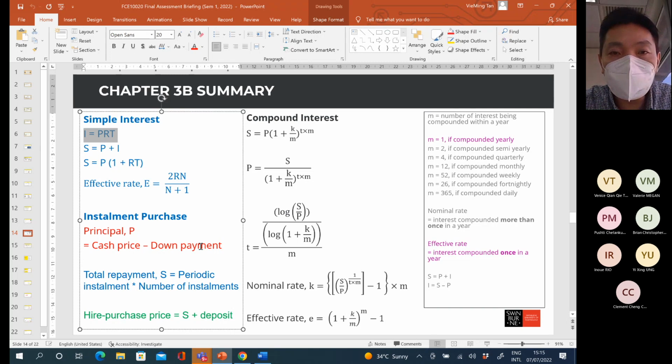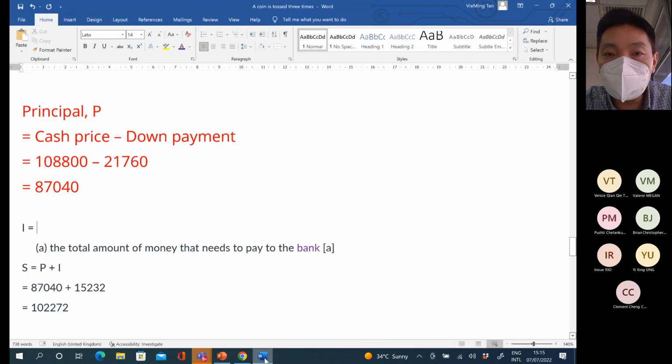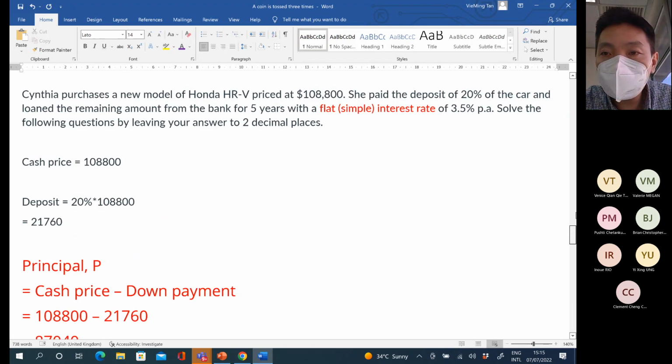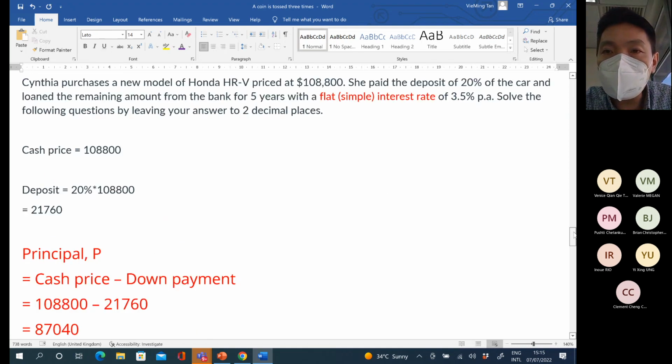So we use the formula from this column. The question is using a 3.5% flat rate. Simple interest rate means flat rate, so we have to use the formula from the first column in order to solve the problem.